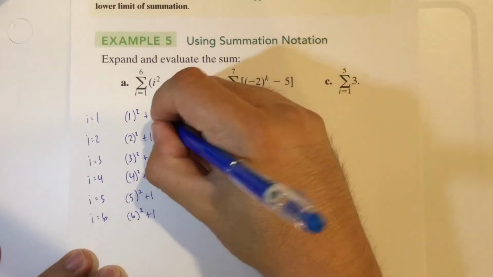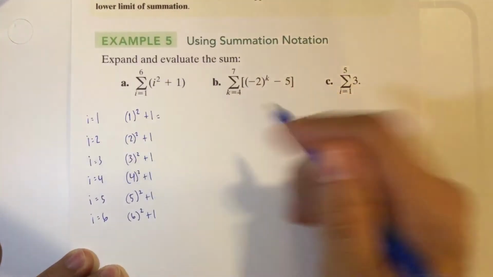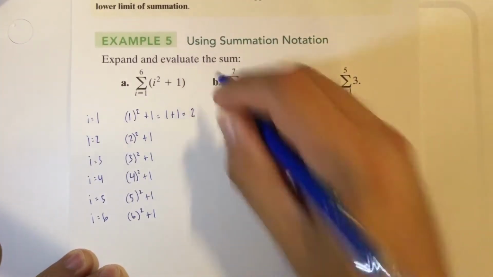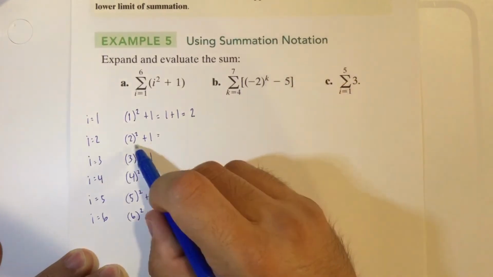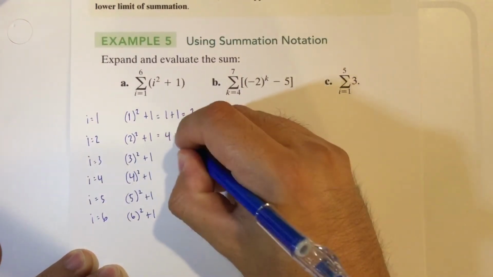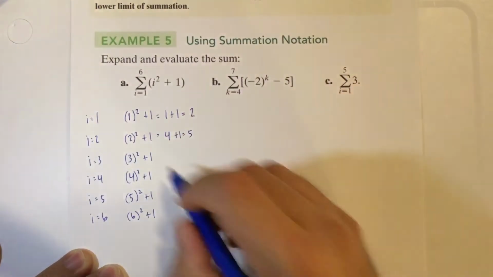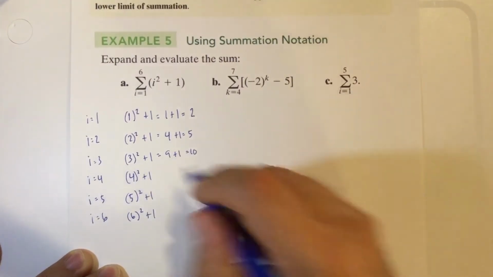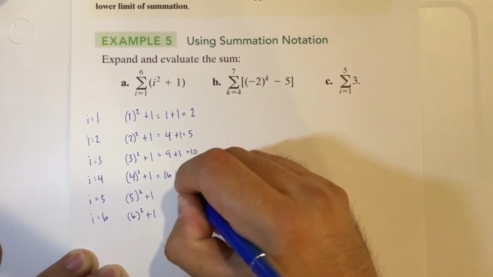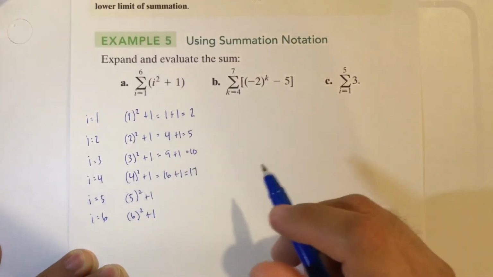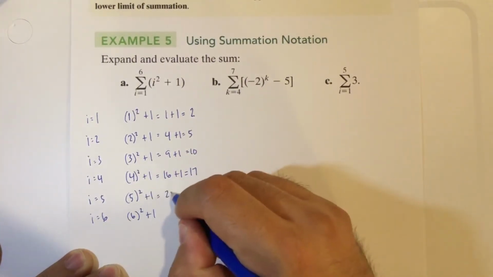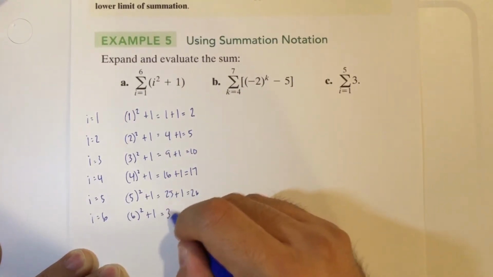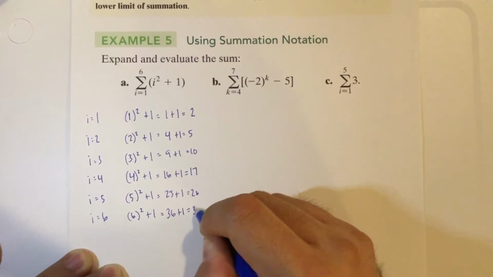Now I'm just going to work it out. 1 squared is 1, plus 1 is 2. 2 squared is 4, plus 1 is 5. 3 squared is 9, plus 1 is 10. 4 squared is 16, plus 1 is 17. 5 squared is 25, plus 1 is 26. And then 36 plus 1 is 37.